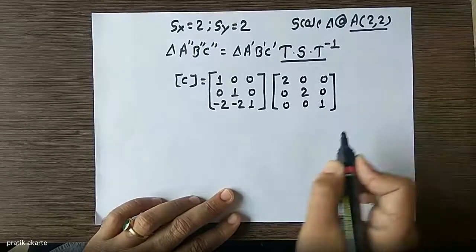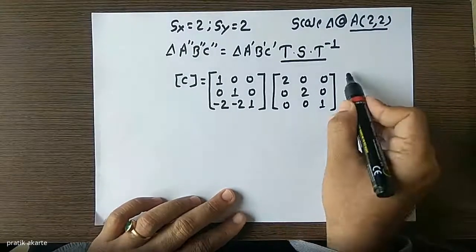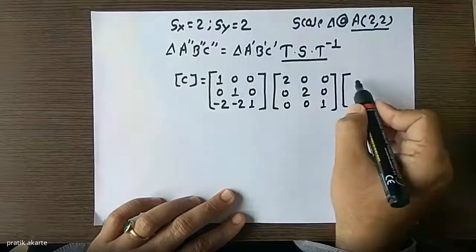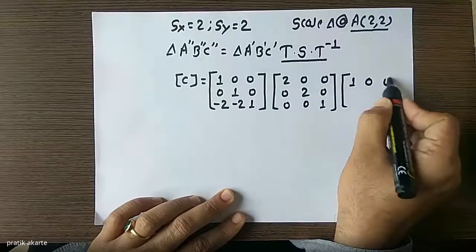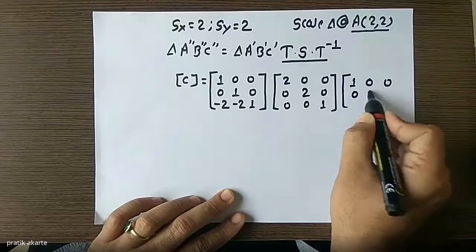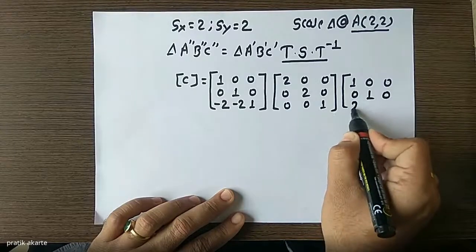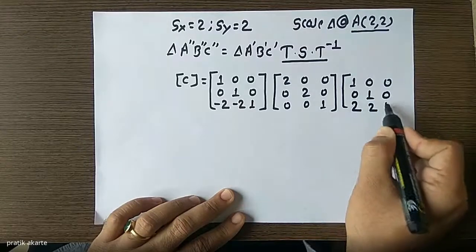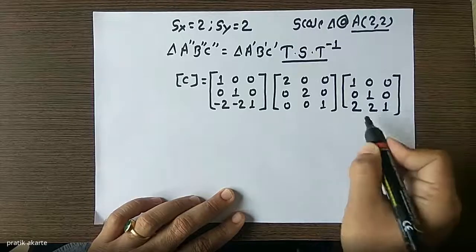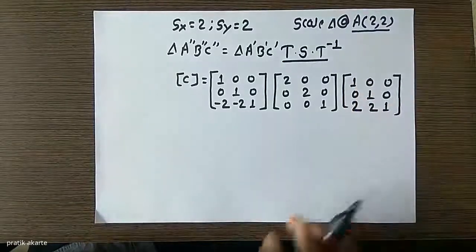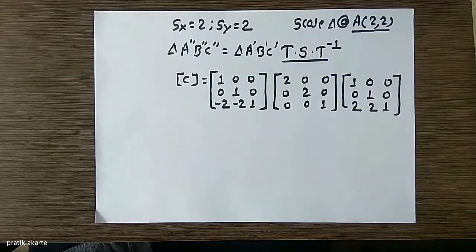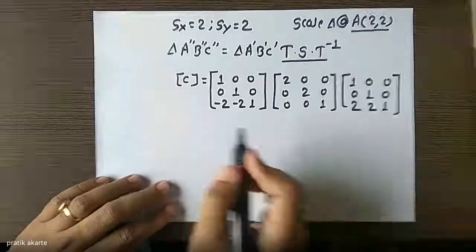So this is your scaling, and inverse translation is 1 0 0, 0 1 0, +2, +2 and 1. We are repositioning this point A to its original position.